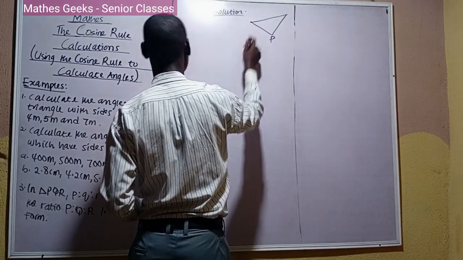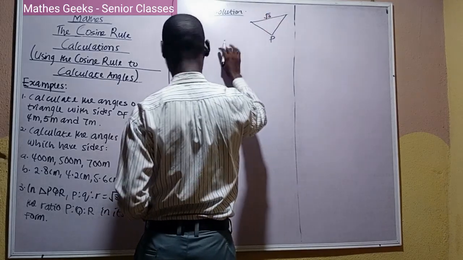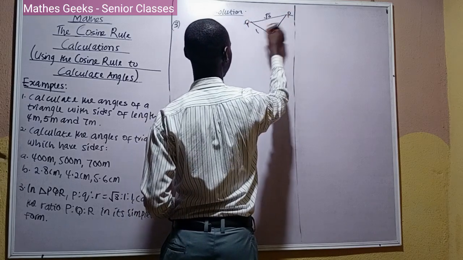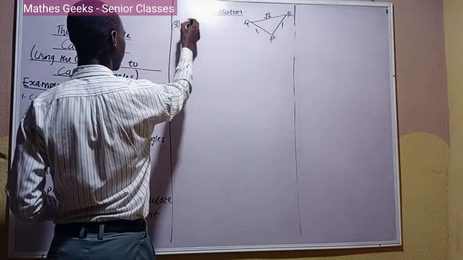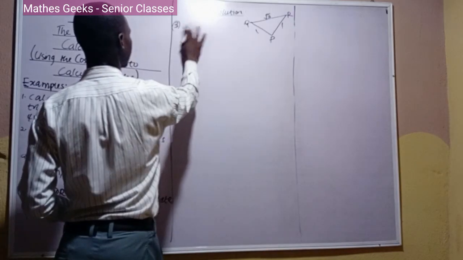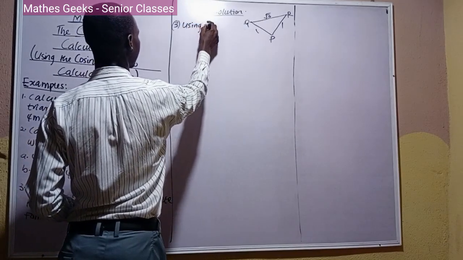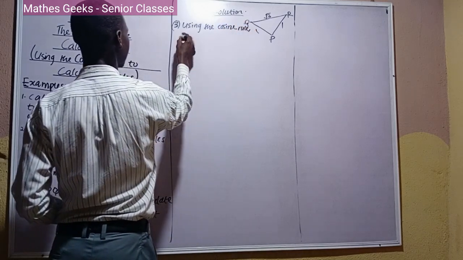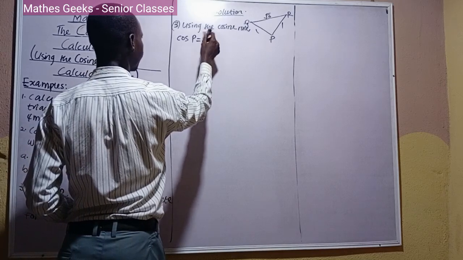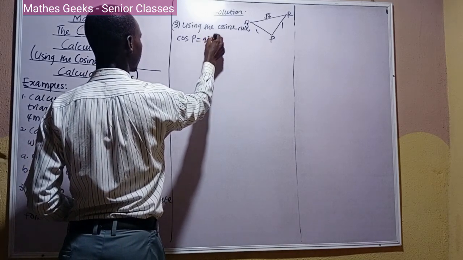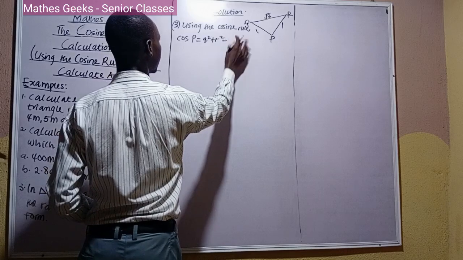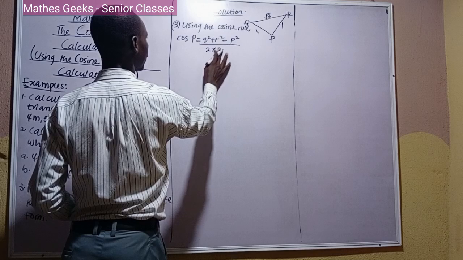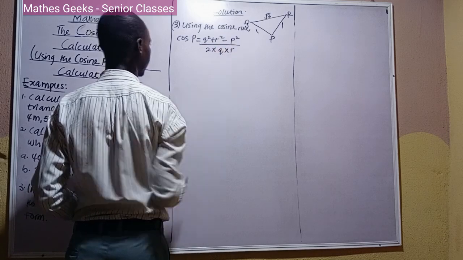The longest side is p, which is root 3, and the other sides are 1 and 1. So, using the cosine rule, cos P is equal to q squared plus r squared minus p squared over 2 times q times r.